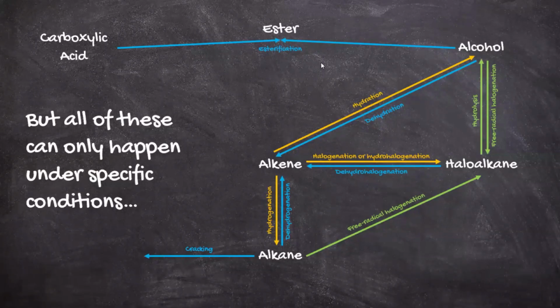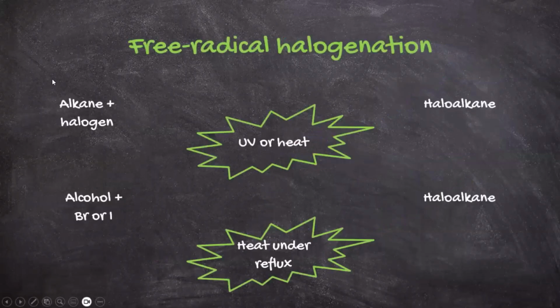I hope everyone's taken their screenshots because I'm going to move on. I'm going to start with the different substitution reactions. The substitution types that you need to worry about are free radical halogenations.